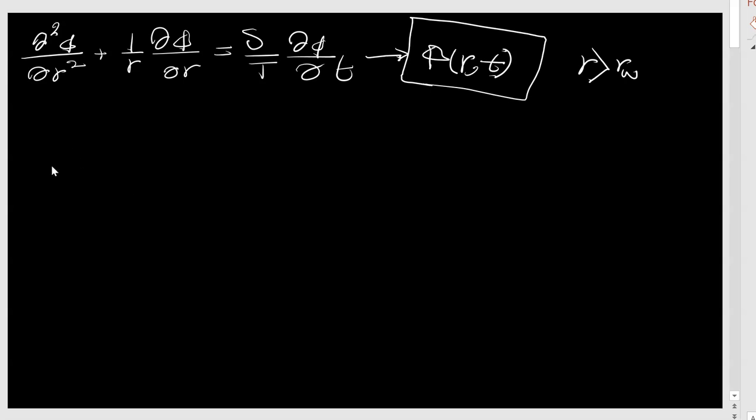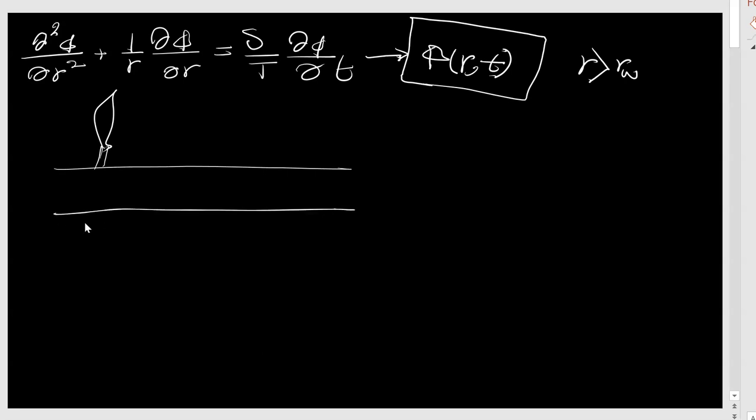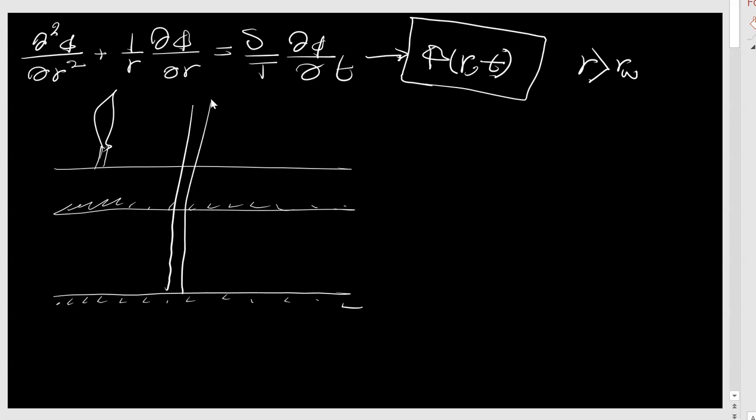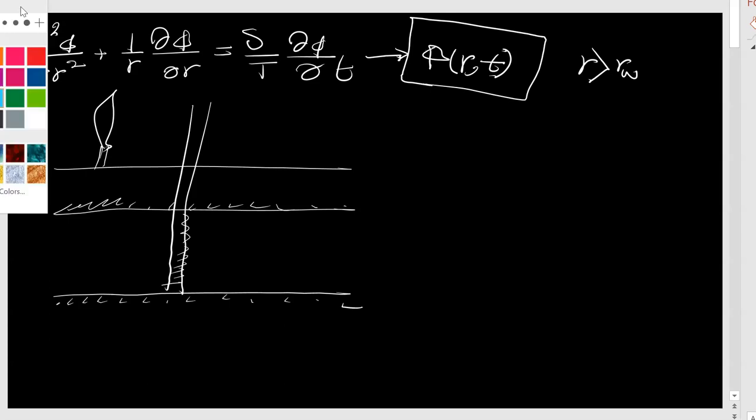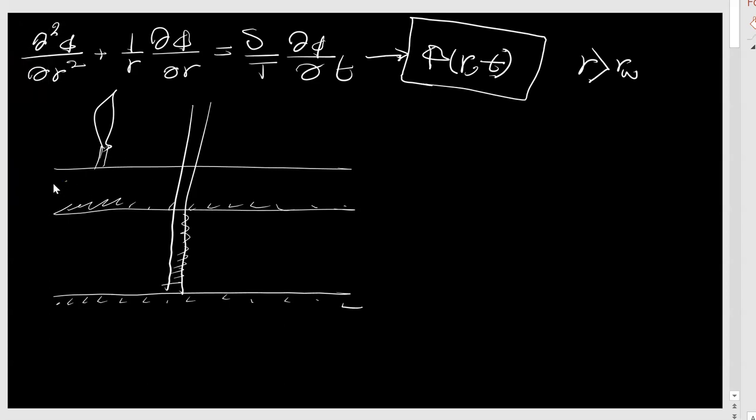For example, if this is my confined aquifer, and if this is my well, they assumed that at the very beginning, at the initial condition, the head profile of the confined aquifer is a flat line like this.